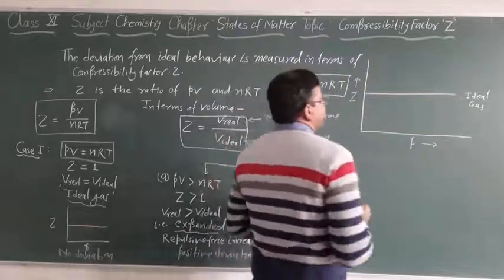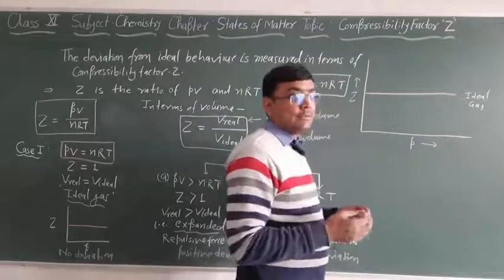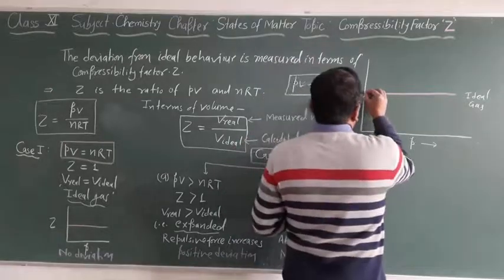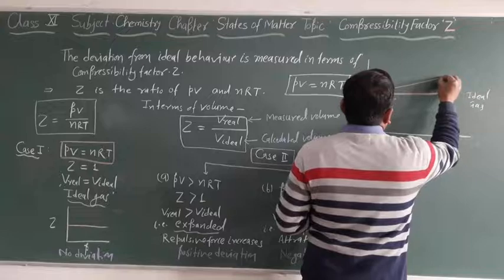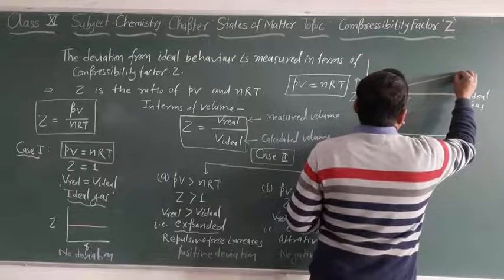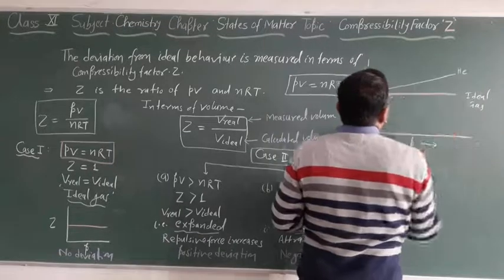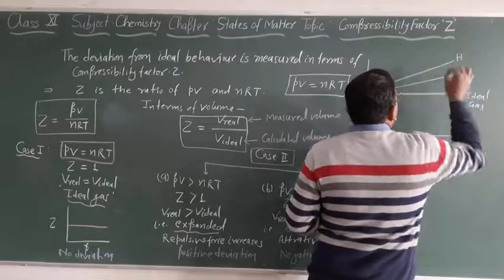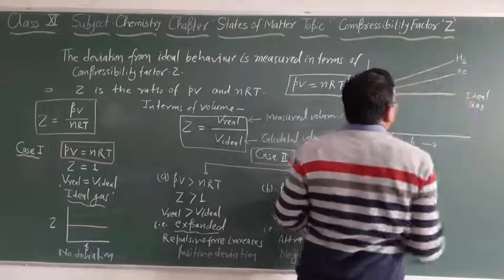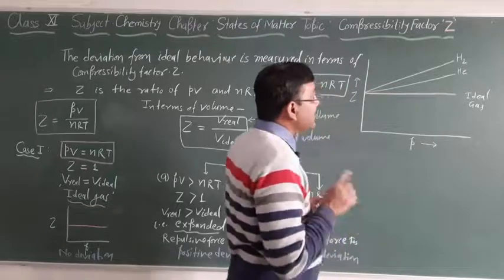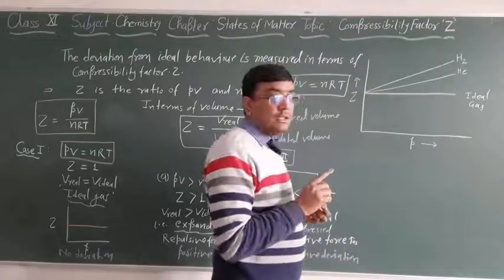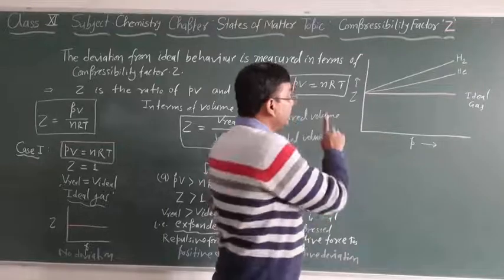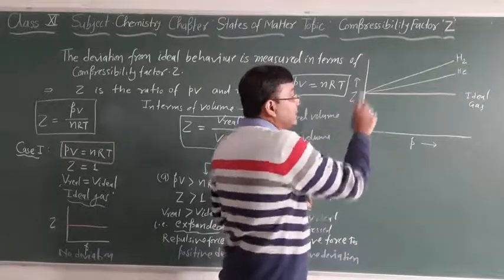Now the next is the real gases from the measured data. This is helium, hydrogen. If you remember, in the last video when I plotted a graph of PV versus P, we got the same.